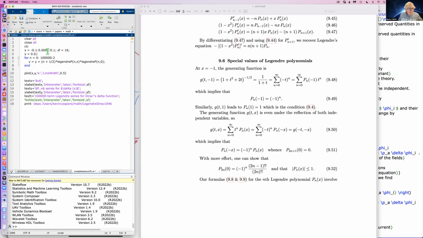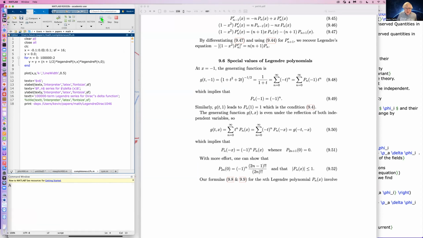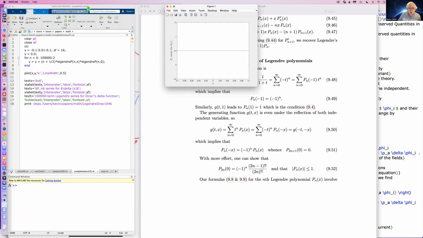And at the very least, I can pull this down to 0, 1. I'm going to now run it here. So this is going to run much more quickly. And all right, Houston, we have a problem here.